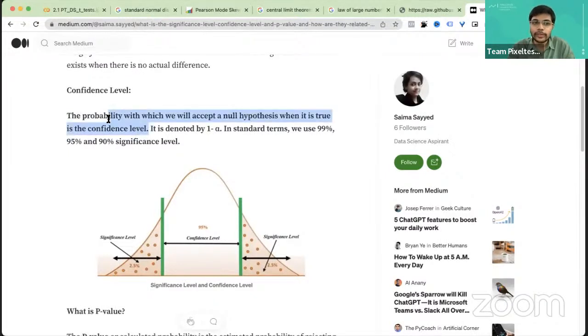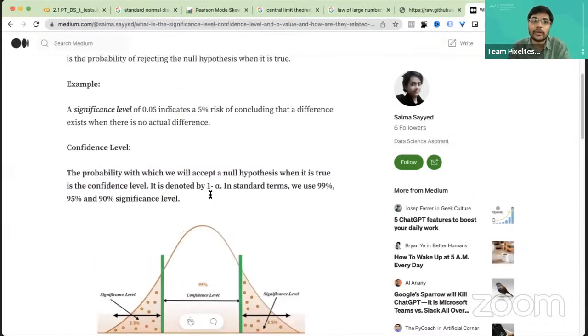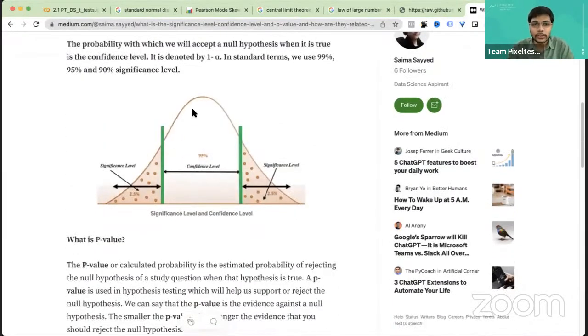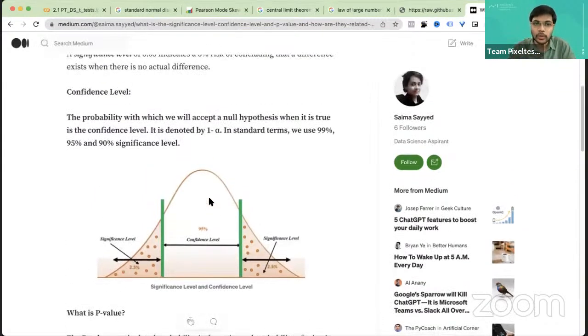It is denoted as 1 minus alpha. We mean there are more chances that it is not towards the end, it is within the range, right? So that is confidence level.